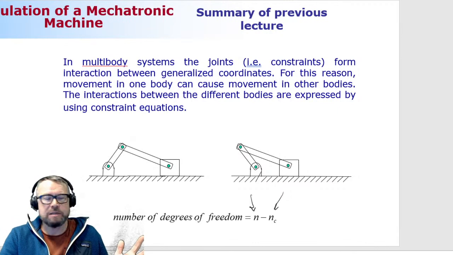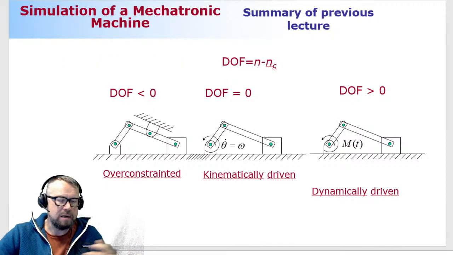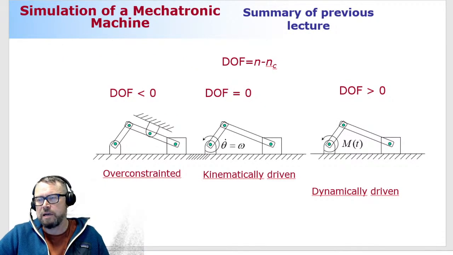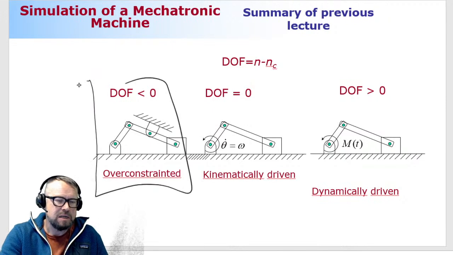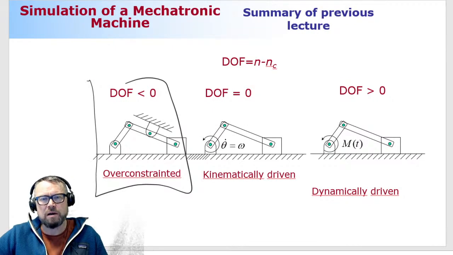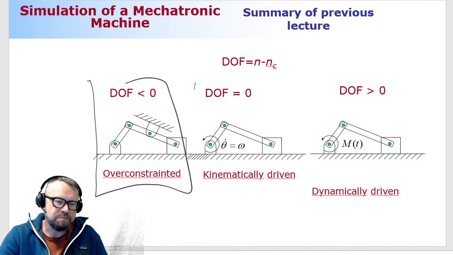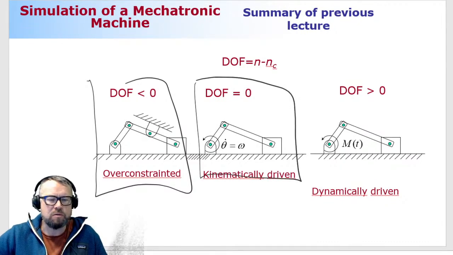Then there are different scenarios regarding the number of degrees of freedom, and these scenarios are introduced here. The number of degrees of freedom may be less than 0. The system is over-constrained, so it cannot move. The number of degrees of freedom may also be equal to 0.